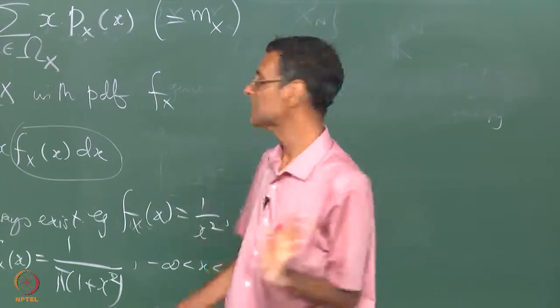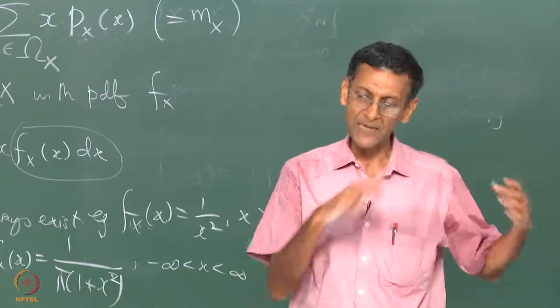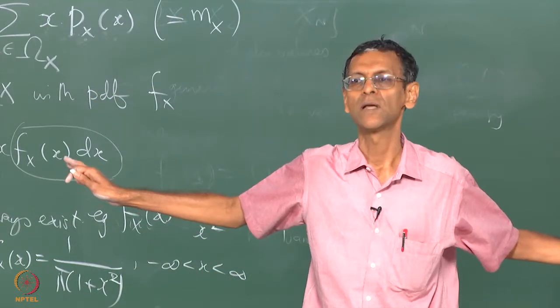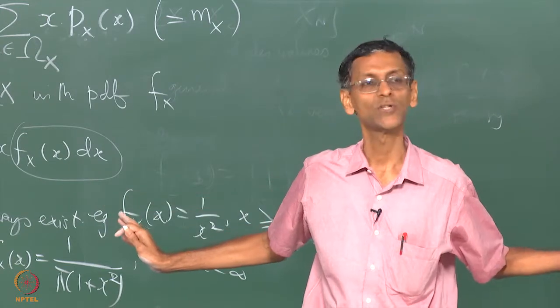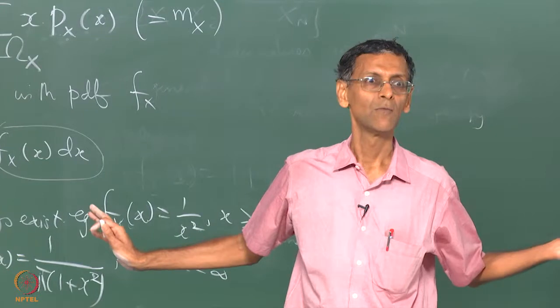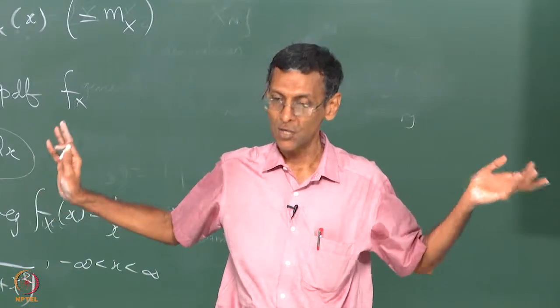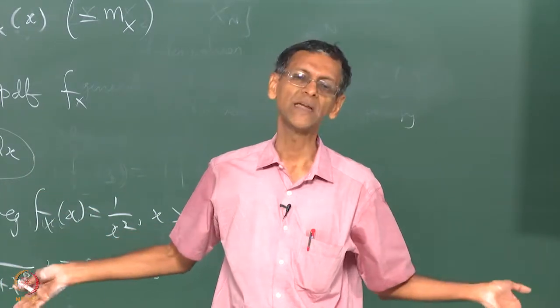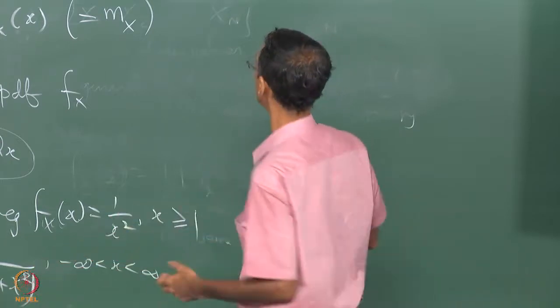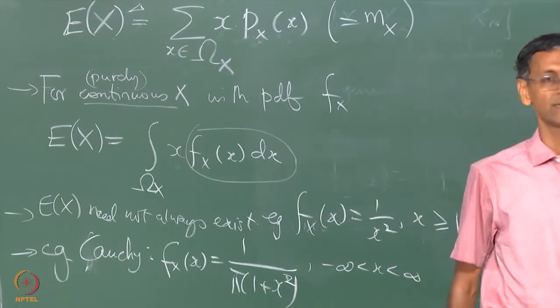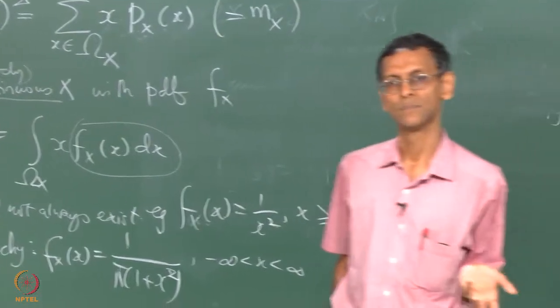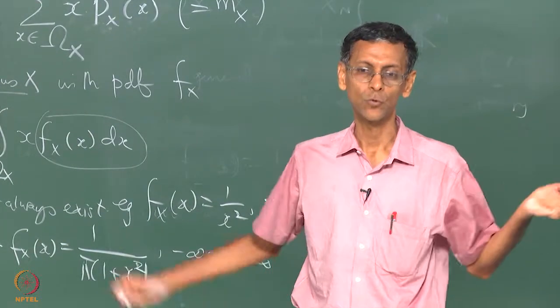So what is the take home message from all this? The PDF should die down faster than 1 by x squared, should go to 0 faster than 1 by x squared. 1 by x squared may be sufficient for the PDF itself to be integrable, but when you multiply by x, the resulting function is no longer integrable. The integral is not finite if you go all the way to infinity.